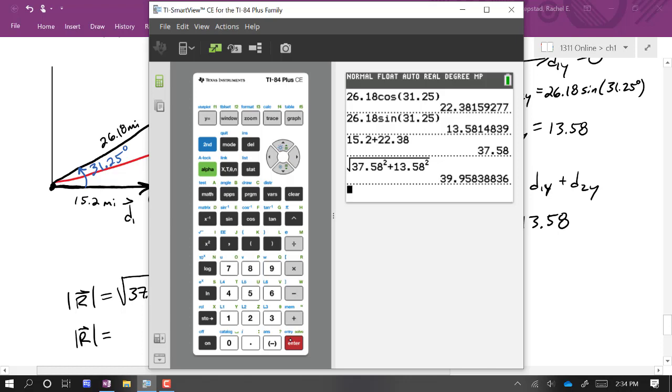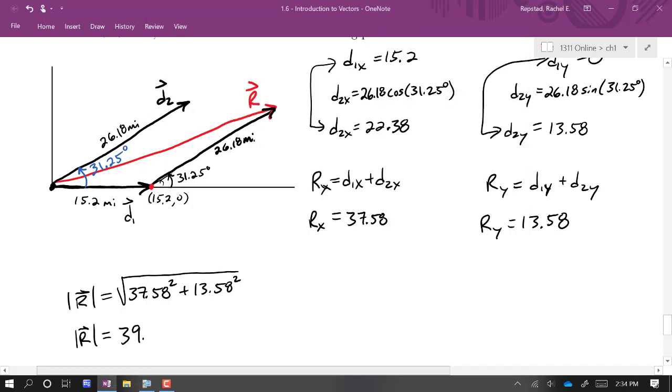I get 39.96. And this is where the units are attached, so 39.96 miles. And then the angle, it's important not to forget the angle. Sometimes when people find the magnitude of an applied vector problem, they think they're done, but we always want to make sure we get the angle as well.